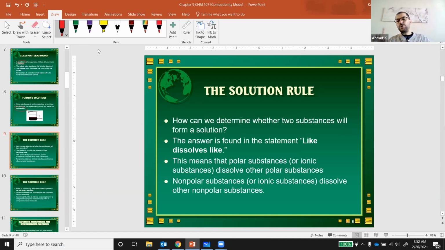And again, how come we can have a nice solution? The thumb rule is like dissolves like, meaning that if you have a polar substance, and the ionic substances are all polar, then it's going to dissolve in a polar substance. And if you have a non-polar substance, then it's going to dissolve in non-polar.